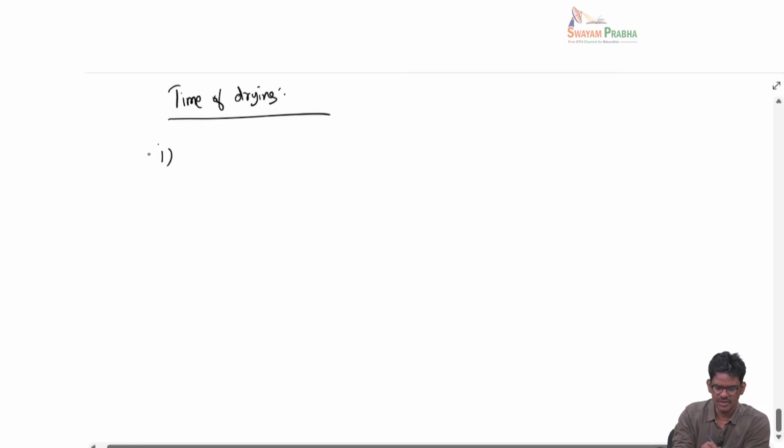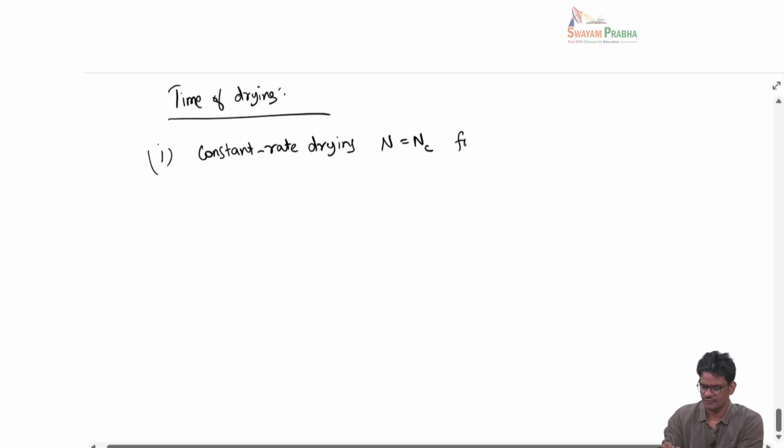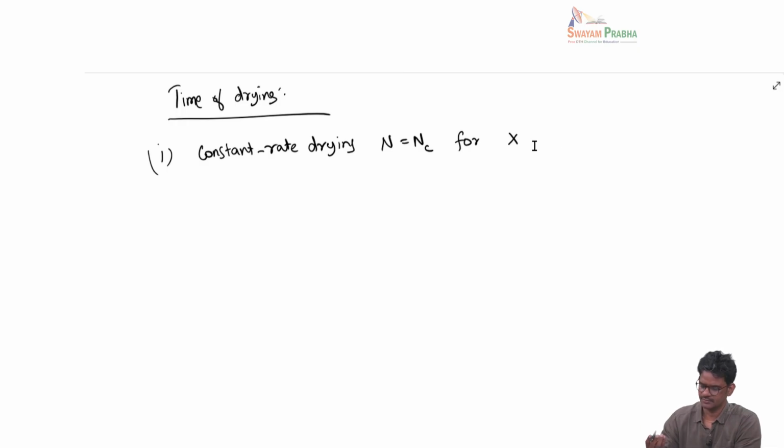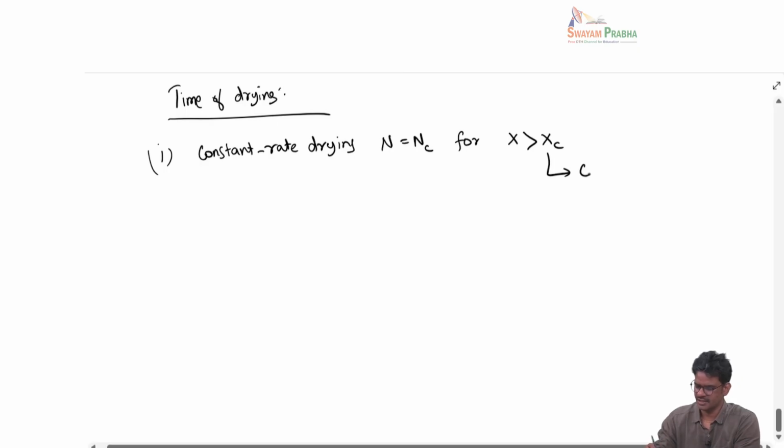Let's say I am looking at moisture content removal in the constant rate drying, where N is equal to Nc for X greater than Xc, where Xc is the critical moisture content.